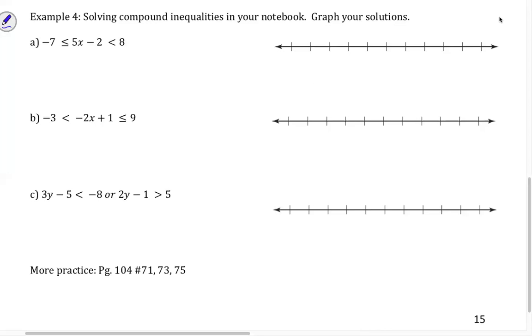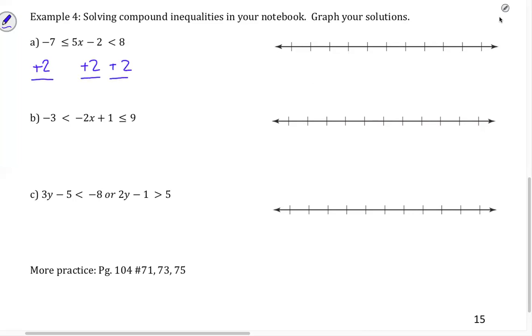All right, let's start doing some of these problems here. Julia, what would you do in this one? Add 2 to each side. Yeah, so we're going to add 2 to the left, the middle, and the right.